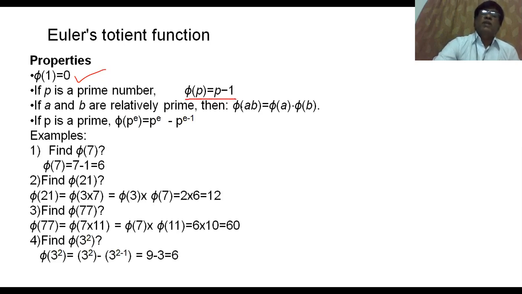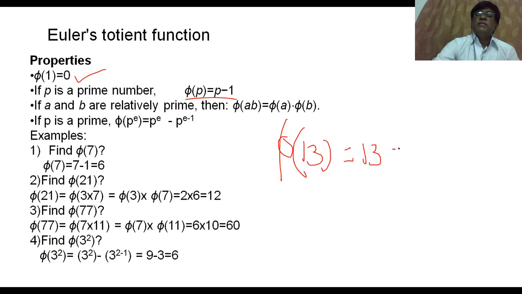For example, 13 is a prime number, so phi of 13 is equal to 13 minus 1, which is 12. So for any prime number, the totient function is p minus 1.